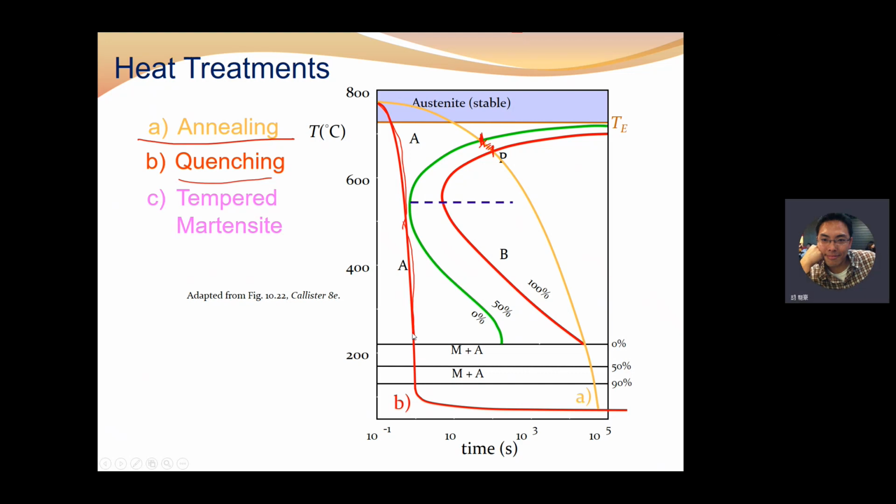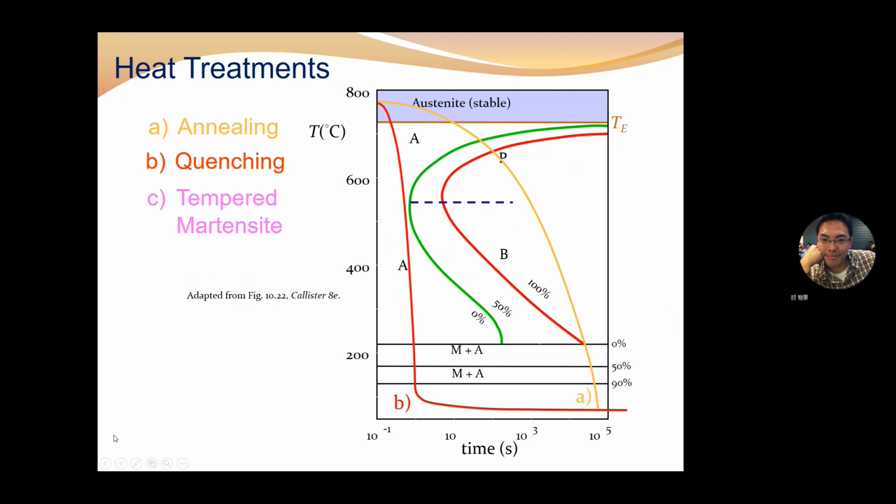You can see the nose is right here, and this cooling curve didn't touch or cross this nose curve. Therefore, for this quenching process, it is impossible to have a transformation to pearlite, because this cooling curve didn't even touch the nose curve.